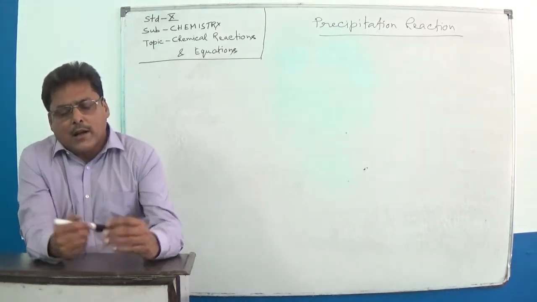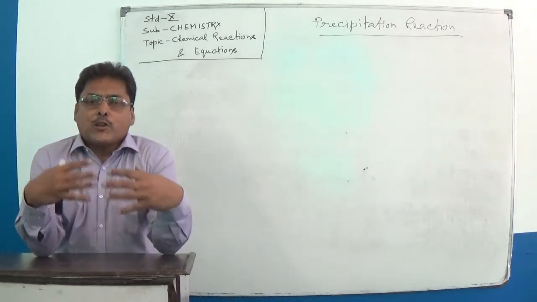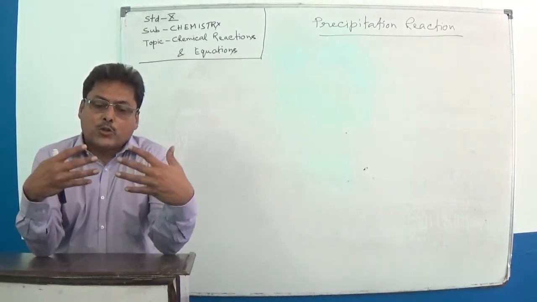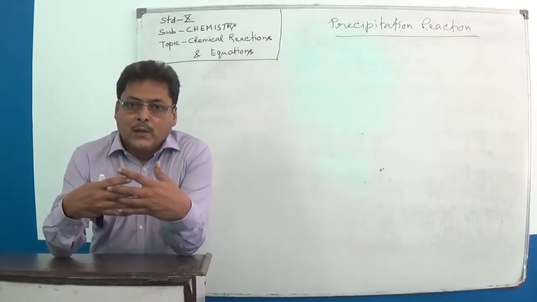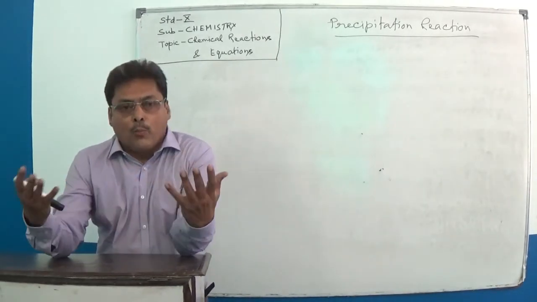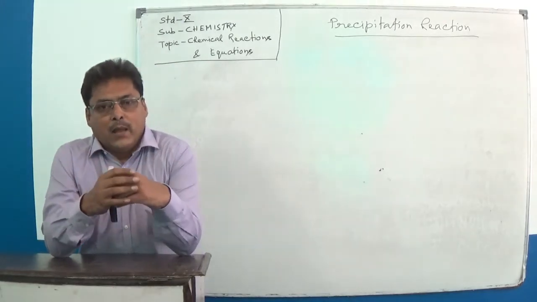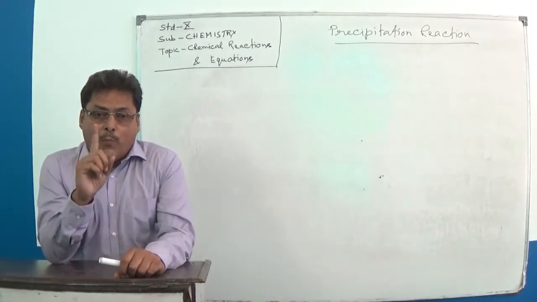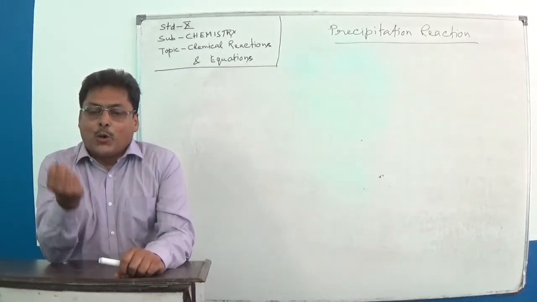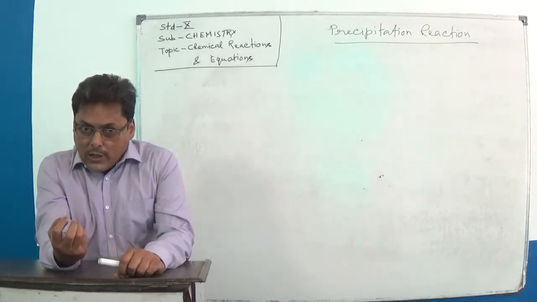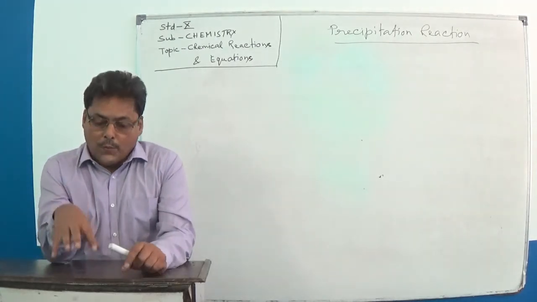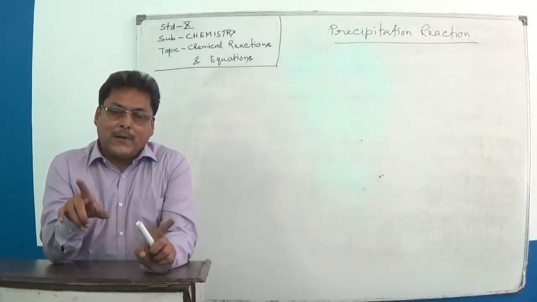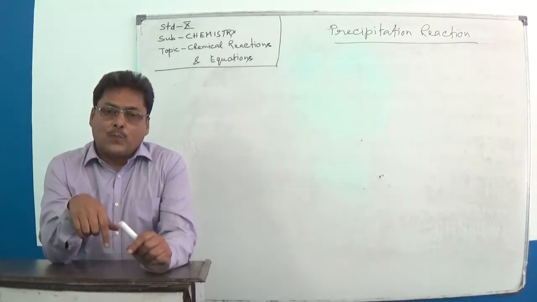Precipitation reaction occurs when the aqueous solutions, both of the compounds must be in their aqueous solution in liquid form, when aqueous solutions of two or more compounds mix up, and on mixing, an insoluble compound comes out as a solid, separates out as solid, and drops at the bottom. This separating solid is called the precipitate, and this reaction is called precipitation reaction.